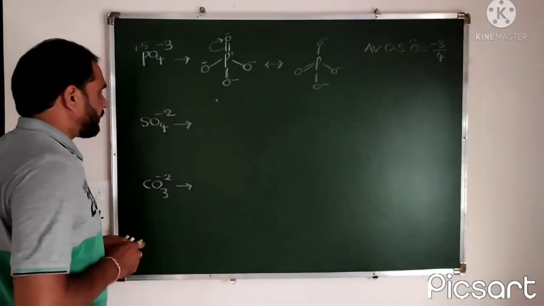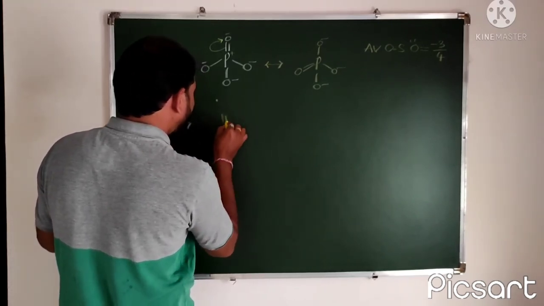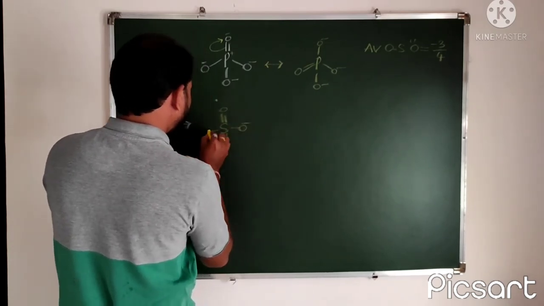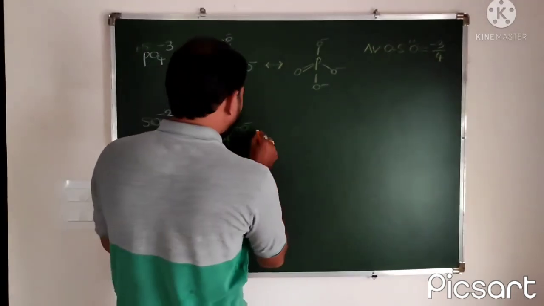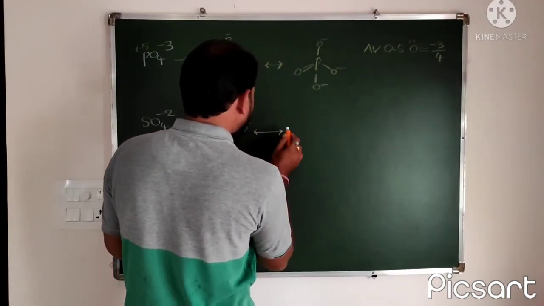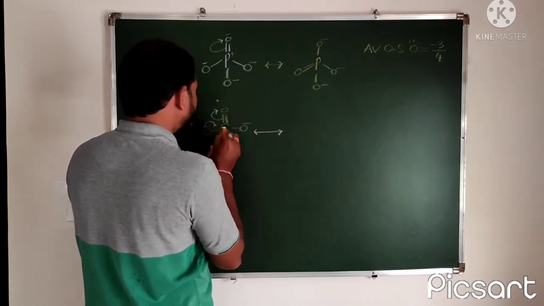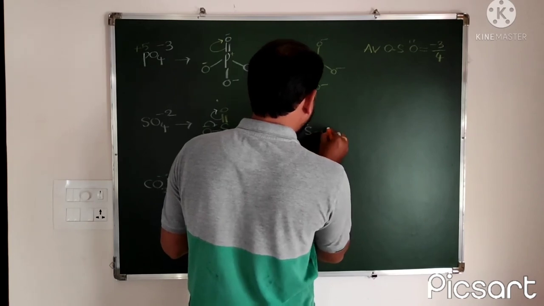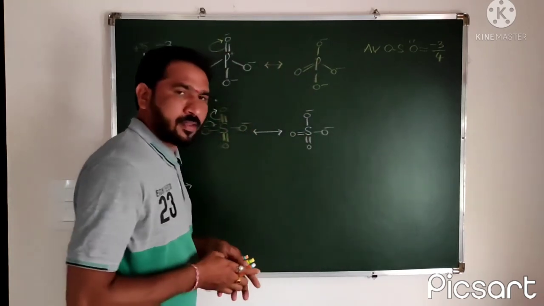Then coming to the sulfate anion. The structure of the sulfate anion is like this: O minus, here also O minus. The same resonance stabilization is possible here: the electron moves, then participates in bond formation, therefore O minus, double bond O like this.